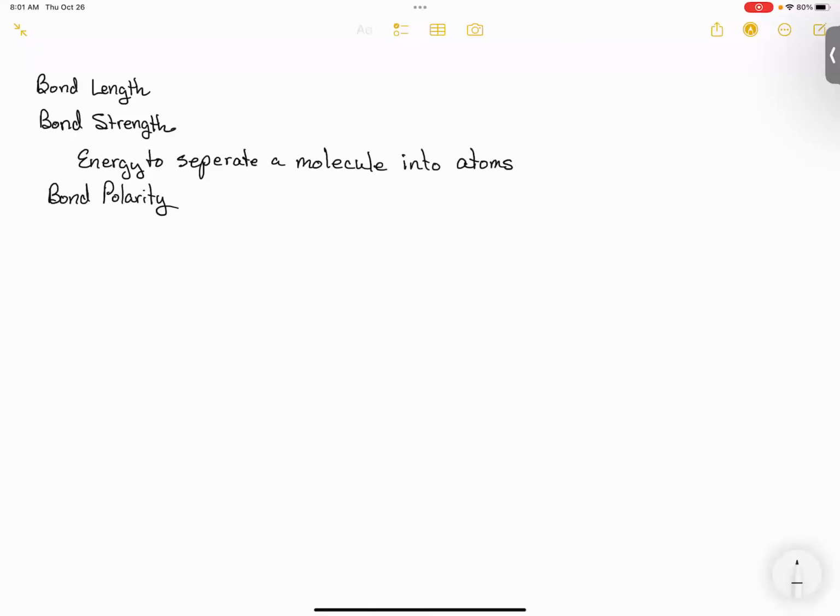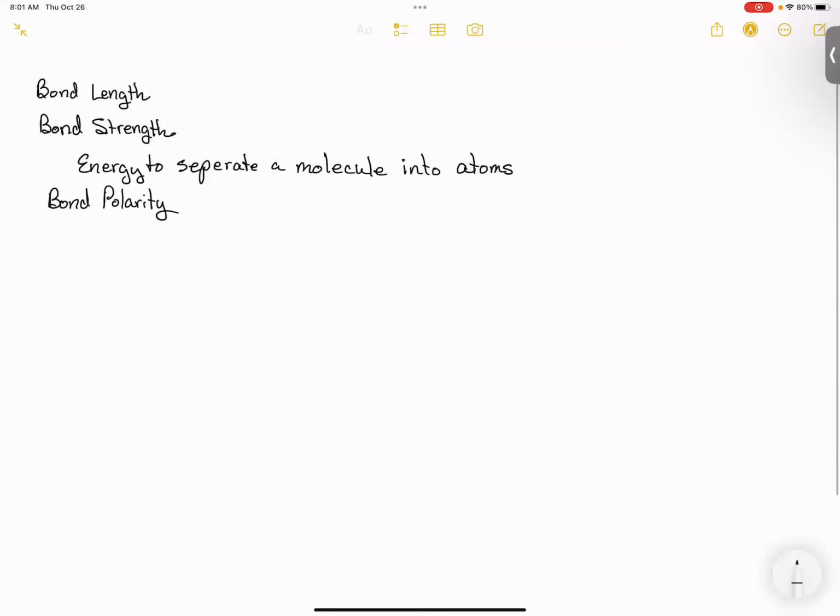And what we're going to do this morning is talk about bond length, bond strength, bond polarity. And then during lab, we're going to talk about molecule shape, molecule polarity, and hybridization of the central atom, as well as bond type.